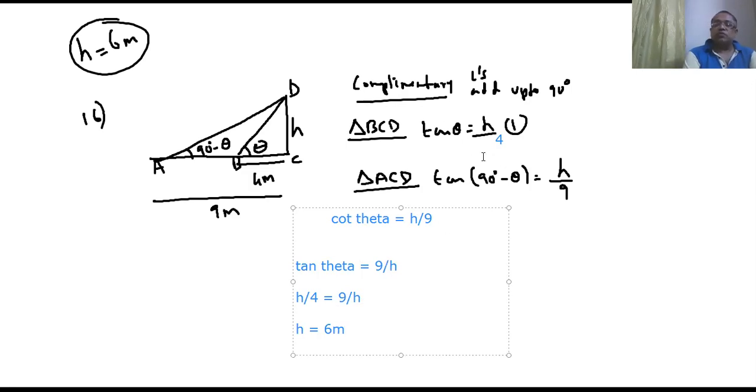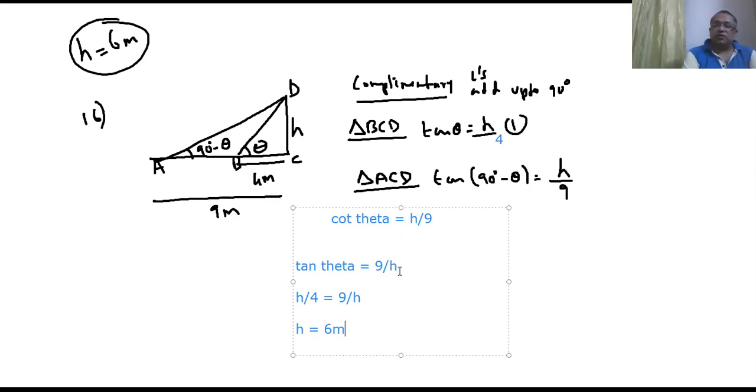So tan theta was h by 4. Tan 90 minus theta is h by 9. If tan 90 minus theta is h by 9, then cot theta will be h by 9 because the formula for tan 90 minus theta is cot theta. If cot theta is h by 9, then tan theta is the reciprocal of that, that will be 9 by h. So here in equation 1 we have tan theta is h by 4. Now you've got tan theta is 9 by h.